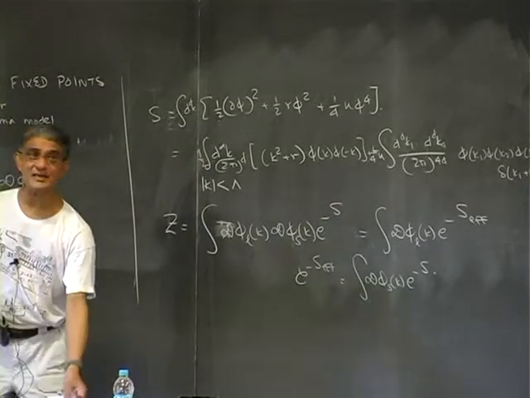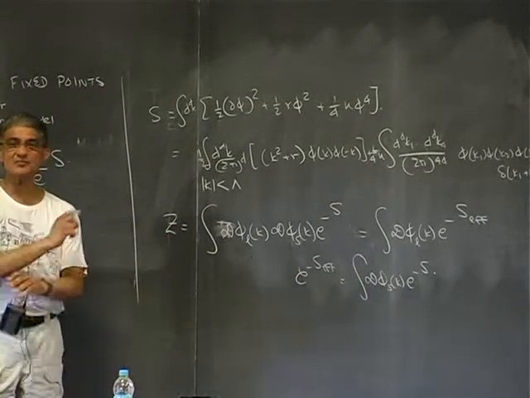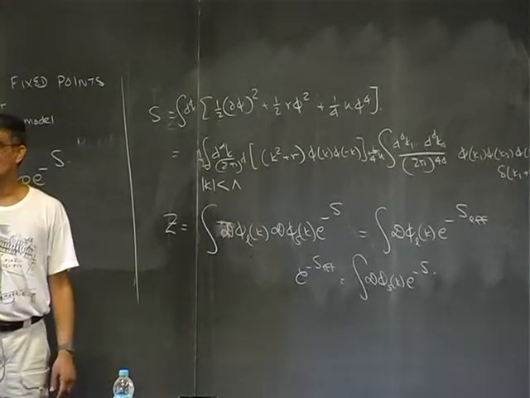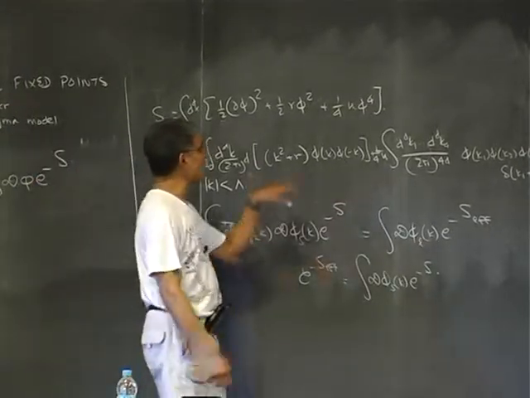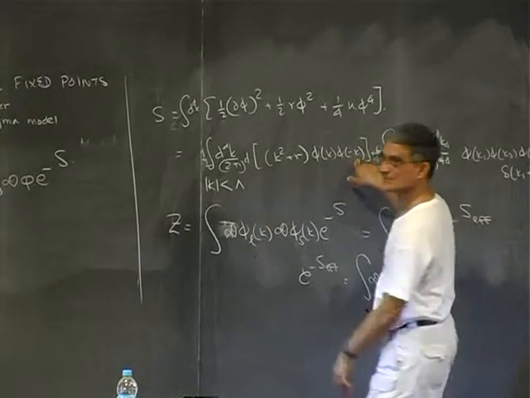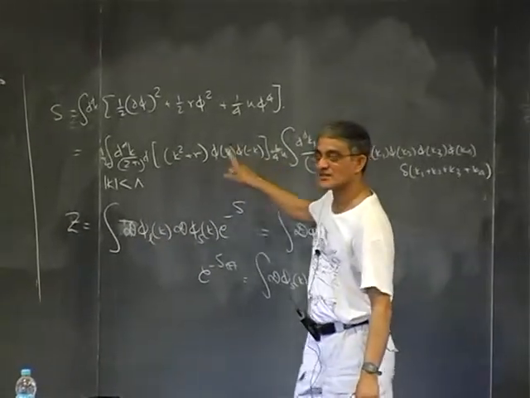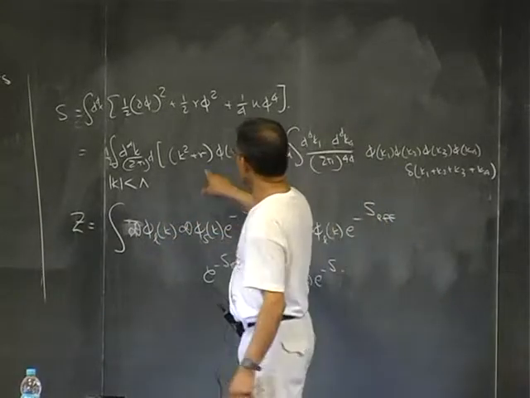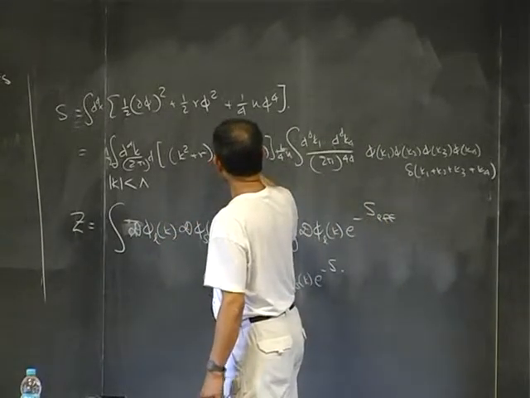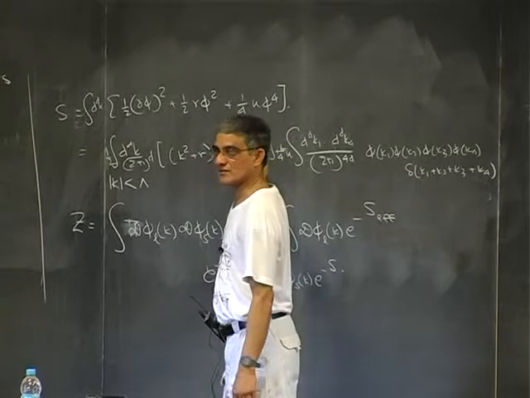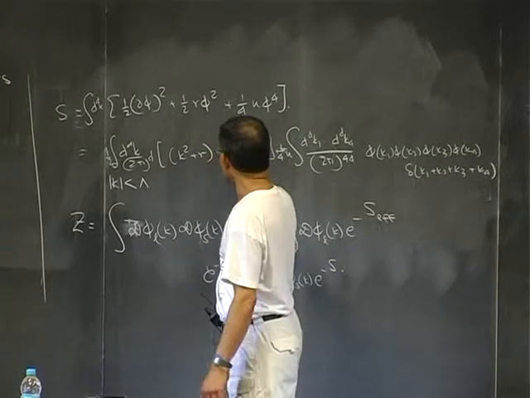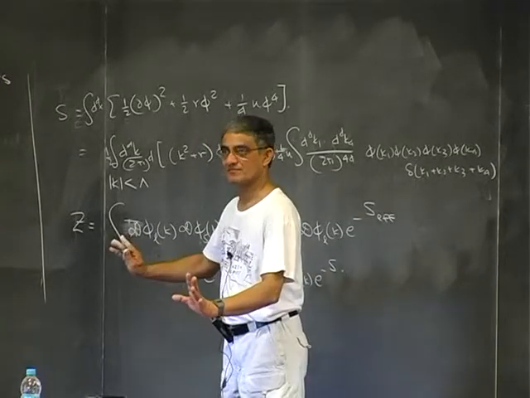In the example I did, doing this integral was entirely trivial, because I only had this term basically. Basically things with two phi's. The thing with two phi's is that it comes as phi of k and phi of minus k, right. So the magnitude of k in each of these terms is the same, right.